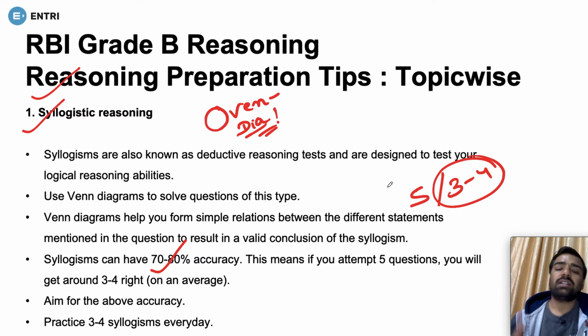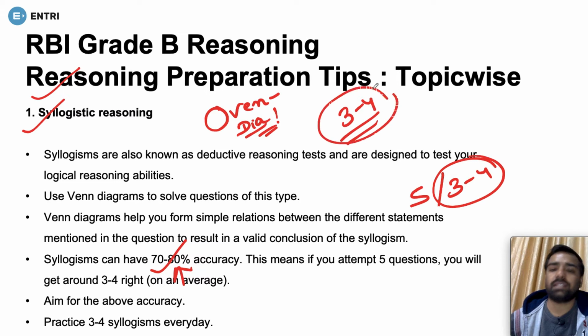Fine. Now you have to aim for this particular accuracy. Now how will you be able to do this? You can attempt 3 to 4 questions on a daily basis. I will give you an example also, but in the later part of this video, in the ending part, we will be discussing the previous year's questions in which we have kept a syllogisms question as well.